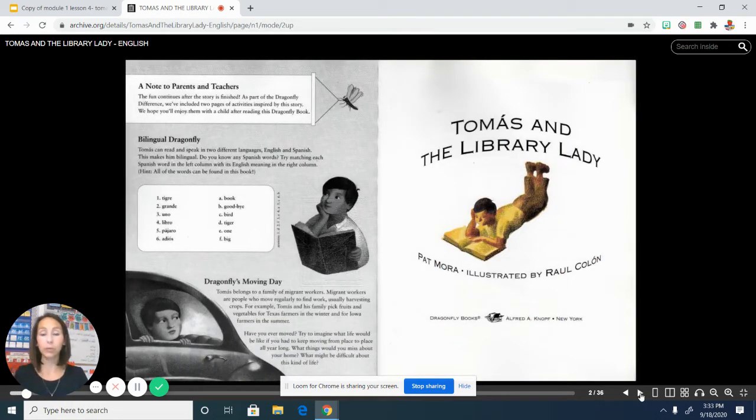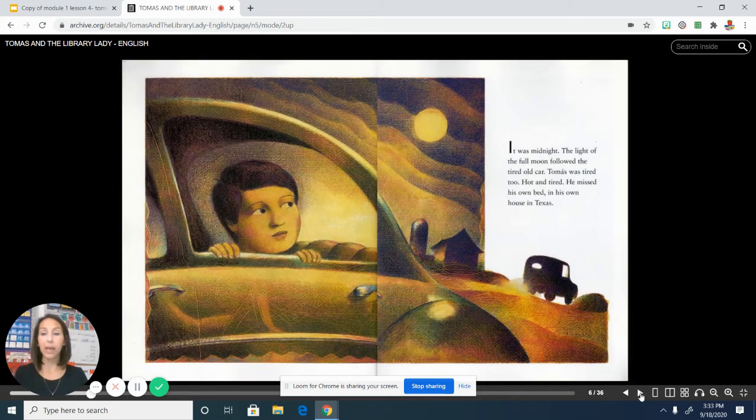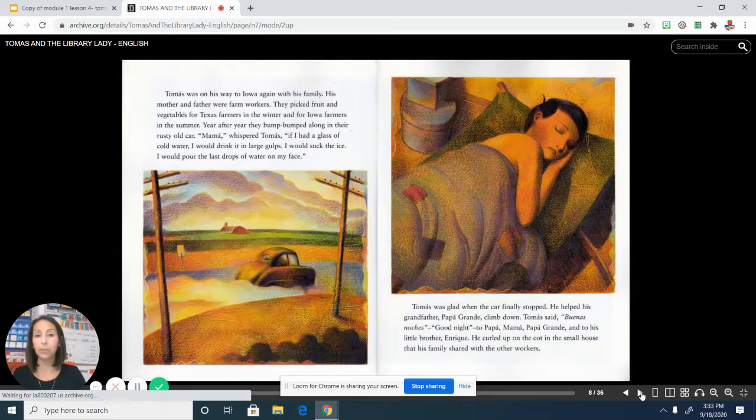So we're just going to flip through and remind ourselves of what's happening. Here Tomas is in the car. They're going to Iowa. He's hot and tired. That's causing him trouble at the moment, but it's not the big overall problem of the story. He can get a drink and some rest, and that will take care of that.